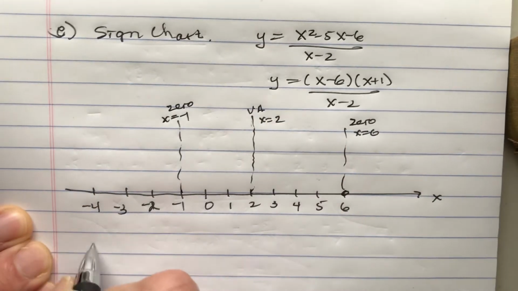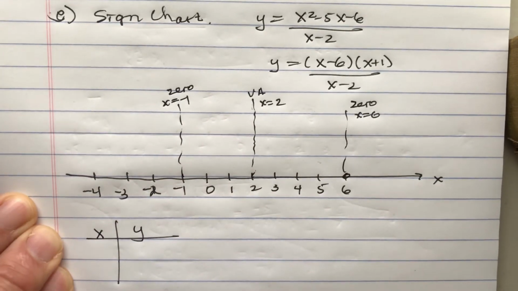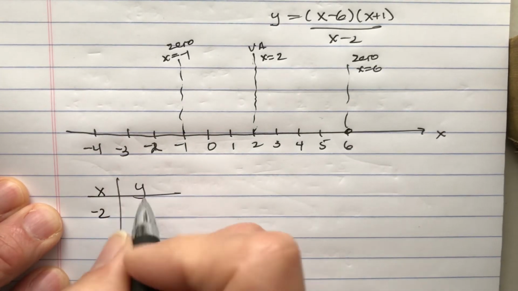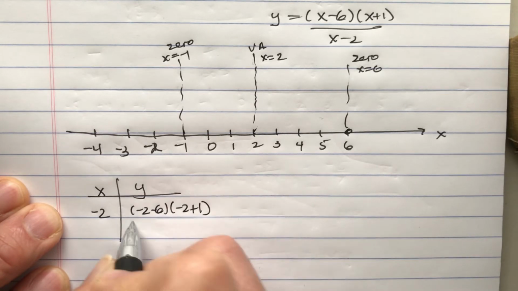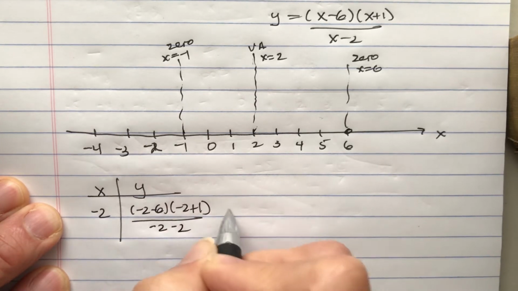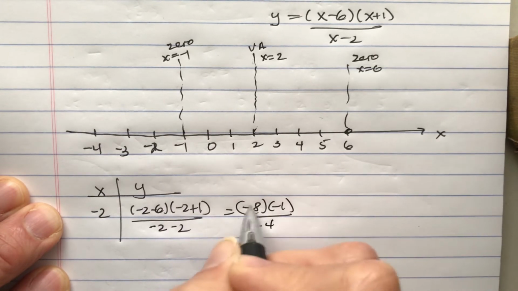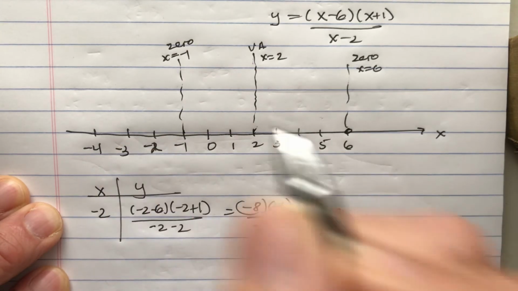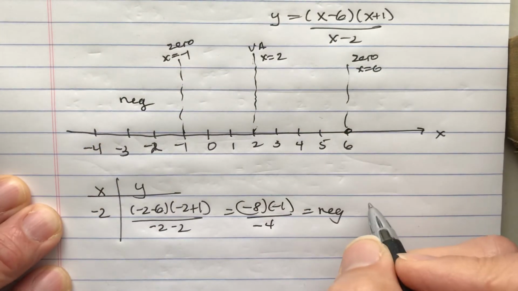And then we plot points. This can be a little bit tedious. So anyway, we put in negative 2: negative 2 minus 6, negative 2 plus 1 over negative 2 minus 2. So that's negative 8 times negative 1 over negative 4. Three negatives make a negative. I don't even really care that much what the number is. Or maybe I should, because I can use it later to sketch the graph.